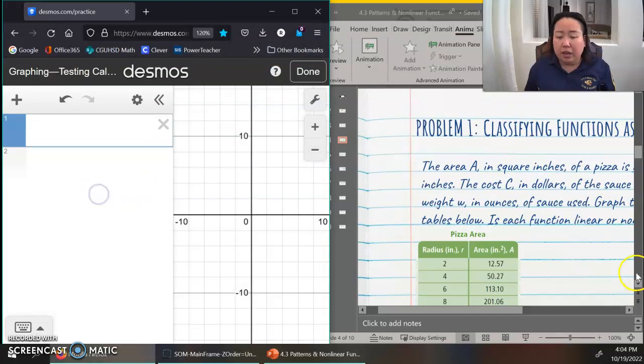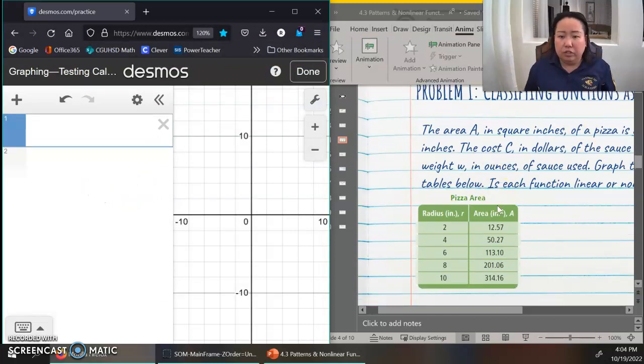Alrighty. Okay, so for us to be able to see the graph of this first set of data here, we need to put the table into our graphing calculator. So how can we create a table? Please make sure that you are paying close attention to these steps, okay? On your graphing calculator, you will see this plus sign here.